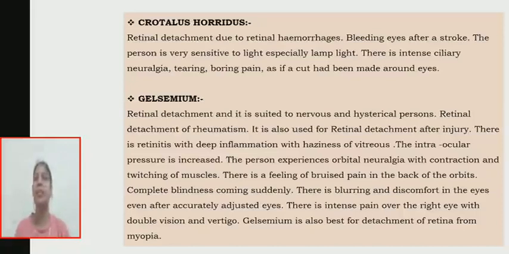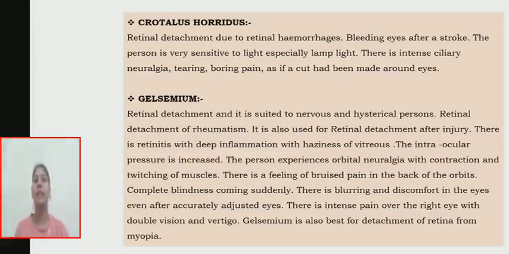Gelsemium. Retinal detachment, suited to nervous and hysterical persons. Retinal detachment of rheumatism. It is also used for retinal detachment after injury.